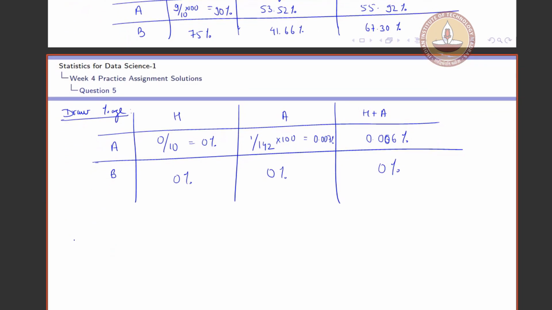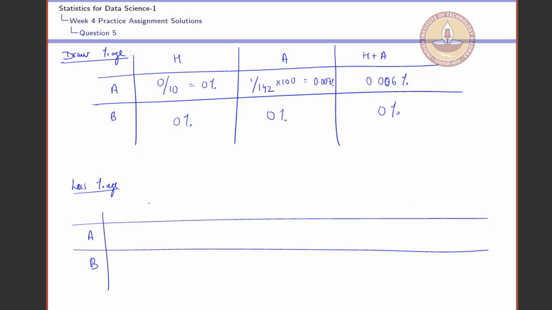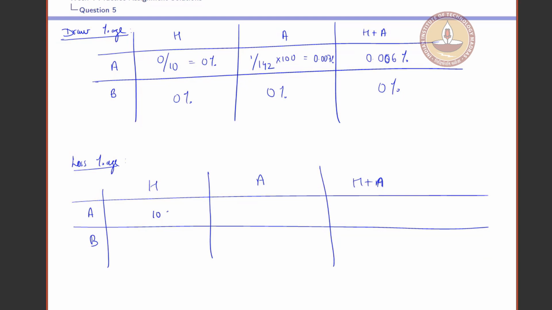Now let's look at the loss percentage. A, B, this is home, away, and home plus away. 10%.